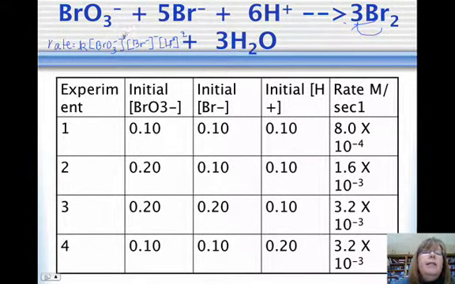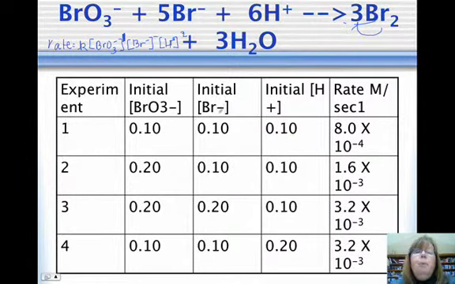This reaction is first order with respect to bromate. Now, justifying your reaction, you can go through and do all that rate 2 over rate 1 is equal to K and then plug in your numbers, that's a great way to justify, or you can use words. You can say, hey, keeping the bromide and the proton concentration constant, doubling the bromate concentration, double the rate, therefore it's first order. You can use words, you can use numbers, doesn't matter.